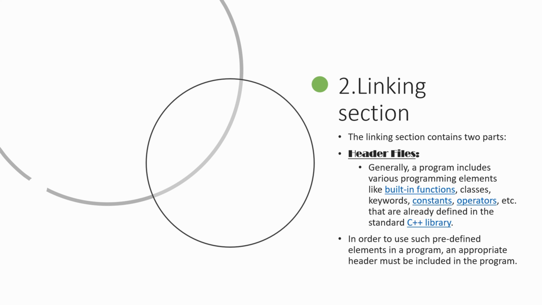For a program to be executed, we have some built-in functions, classes, constructors, operators, keywords, and all of these have already been defined in a library, which is the C++ standard library. So all these predefined elements are stored in the standard predefined library.